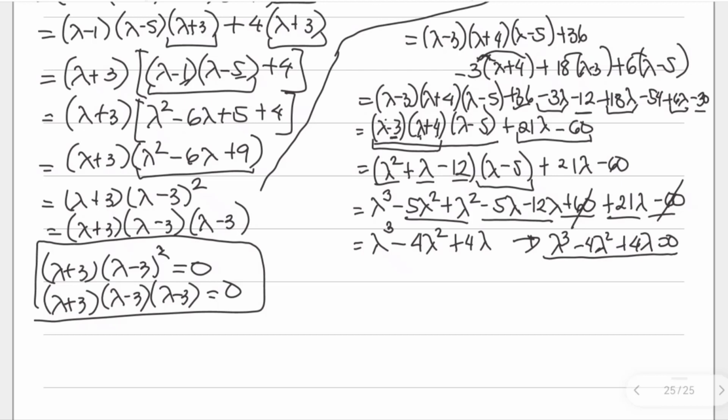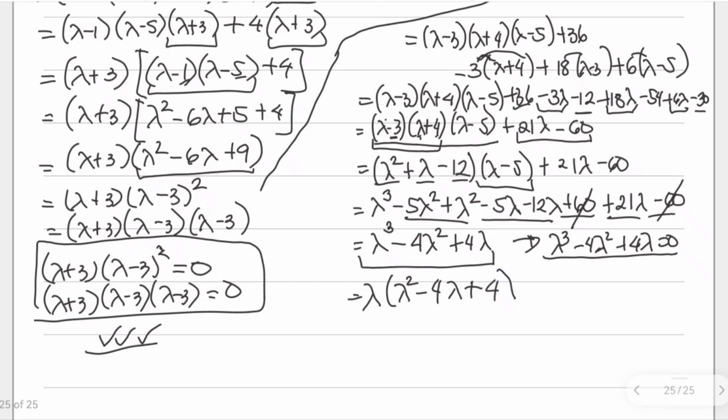But of course, as the purpose of the characteristic equation and polynomial is to move further to eigenvalues, eigenvectors, and eigenspaces, we can still represent this as a product of 3 different binomials or expressions. The first one is we could factor out lambda because all of the entries have lambda. And then what happens now is this is lambda squared minus 4 lambda plus 4. Now that we have that, we can continue factoring this because this is a perfect square trinomial.